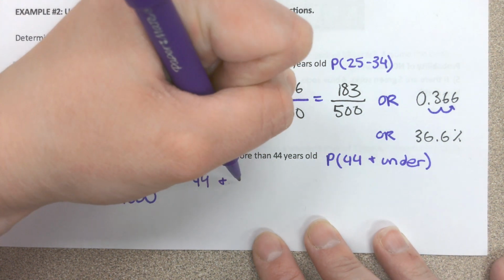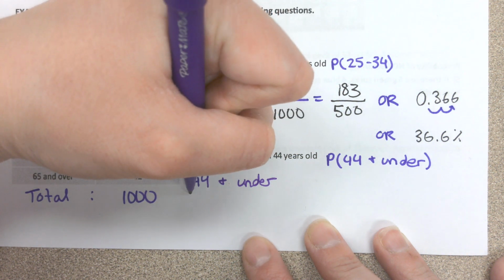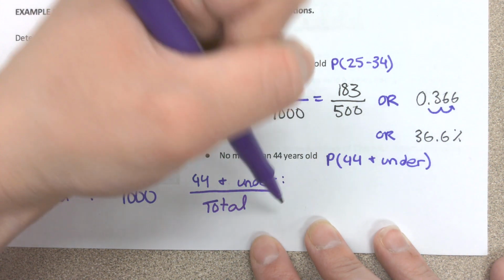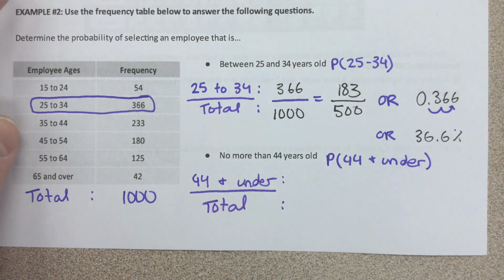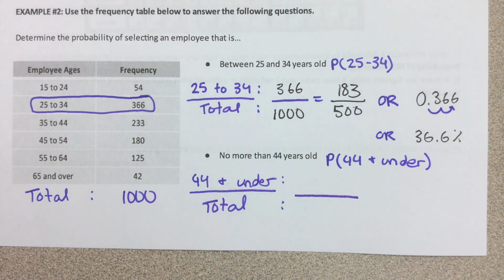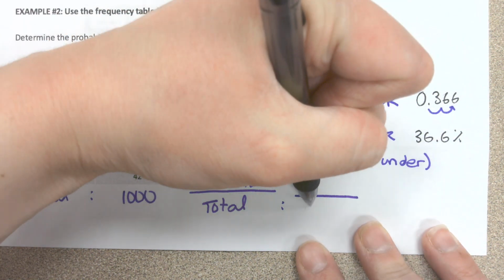So we have 44 and under over the total. The total doesn't change. We still have 1,000 people in this table.